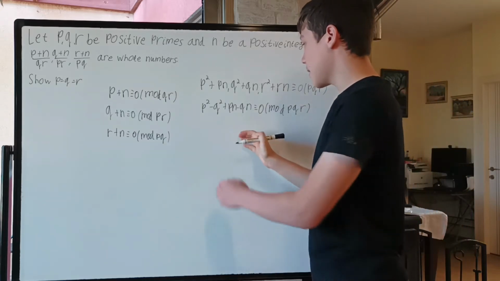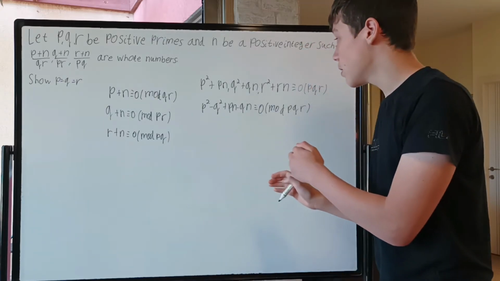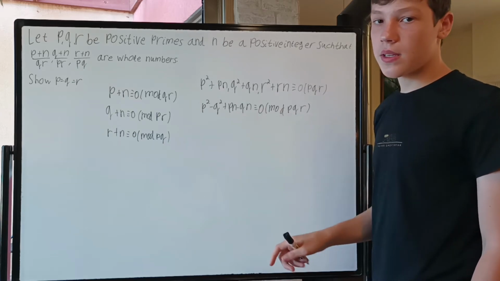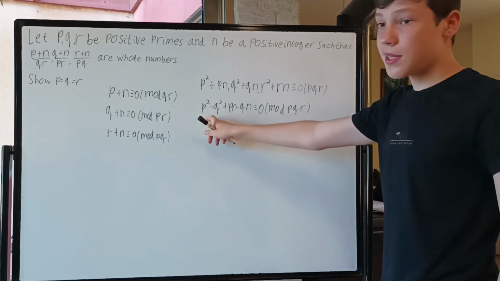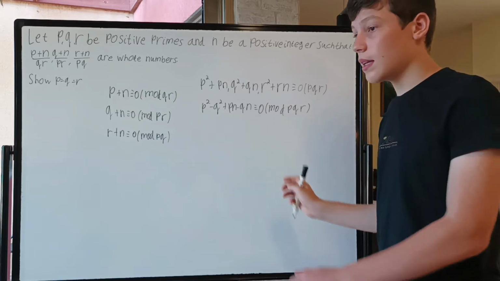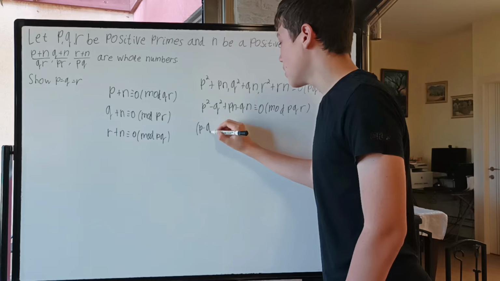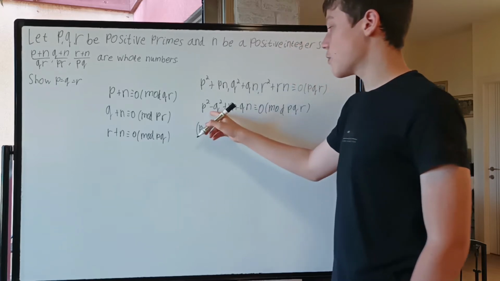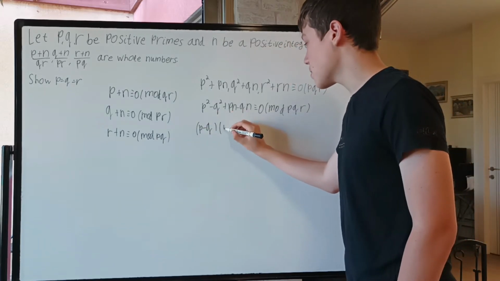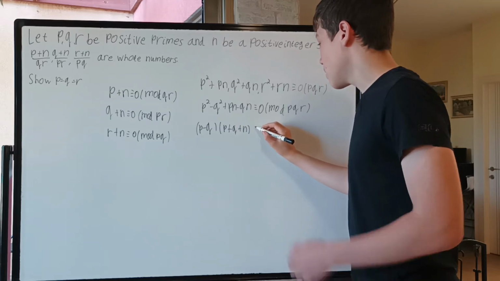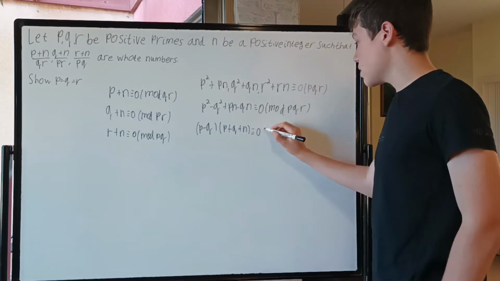Now I can put these together, right? Here I have N times (P minus Q). Here I have (P minus Q) times (P plus Q). Then I can pull out P minus Q in the front, and I'll have left P plus Q from this and plus N from this. This is P plus Q plus N. This is congruent to 0 mod PQR.